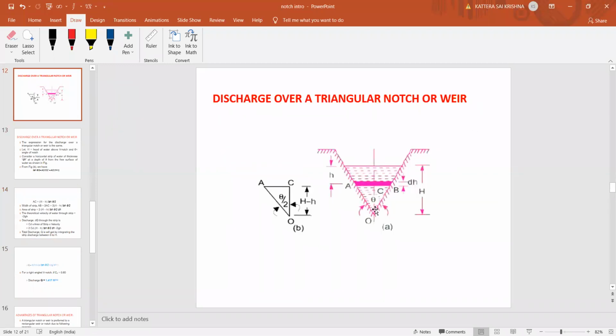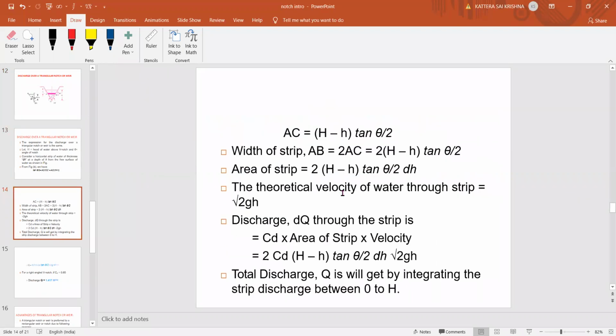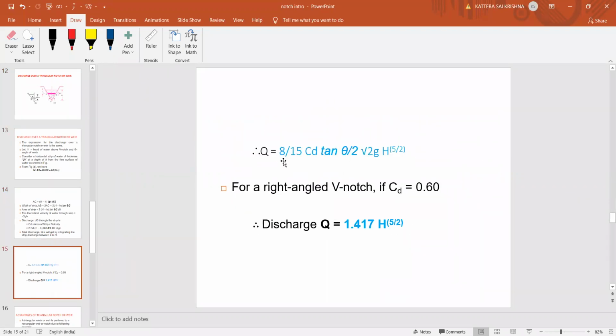This theta varies for different types of triangular notches; it may be 90, 60, anything. So the final expression for discharge is 8 by 15 into coefficient of discharge CD into tan theta by 2 into under root of 2g. The root is only for 2g here, again into h power 5 by 2.